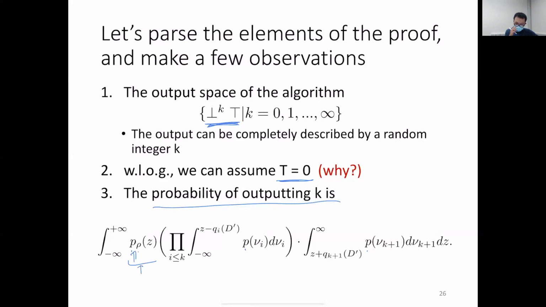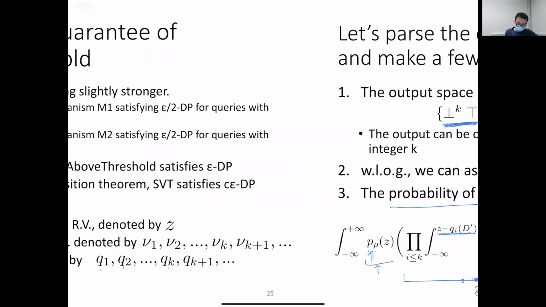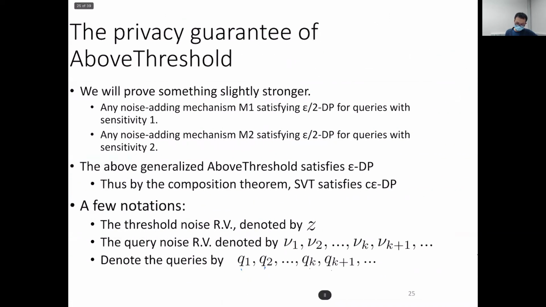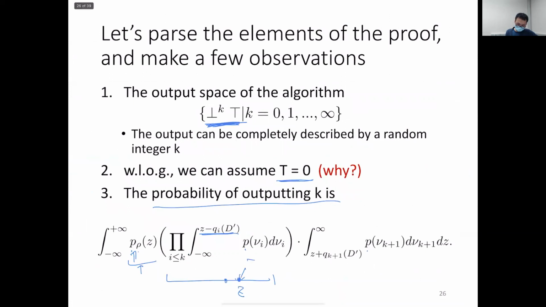Once z is fixed, then in order to get this output, the value of this nu_i needs to be between minus infinity and here. Notice that the threshold is 0, and the decision rule of this algorithm is to output top if the query plus noise is larger than the noisy threshold. So the noisy threshold is here.